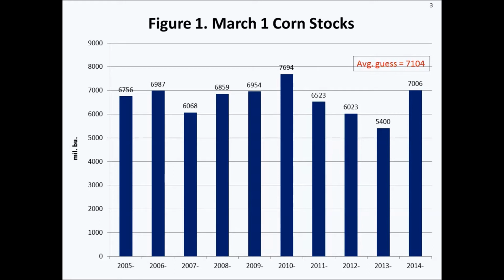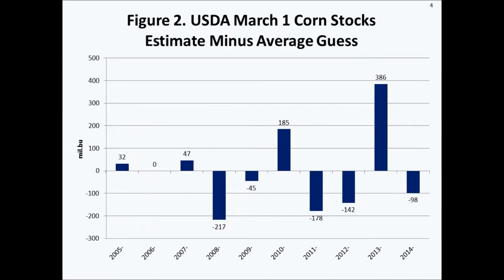USDA said today that March 1 inventories of corn were just at 7 billion bushels. That compares to the average trade guess at 7.1 billion. So about 100 million bushel surprise in the stocks estimate. 98 million bushels to be exact was the difference between the USDA's estimate and what the market was looking for.